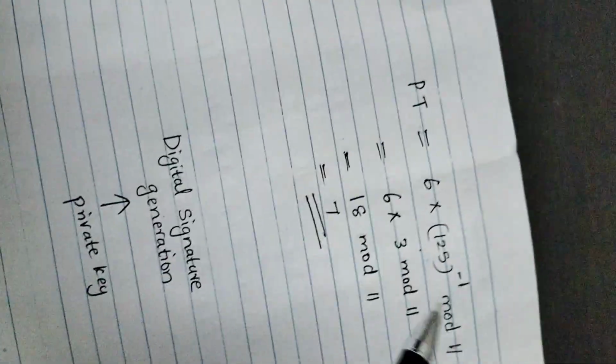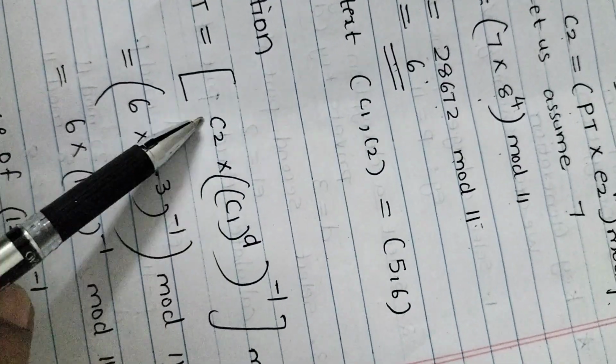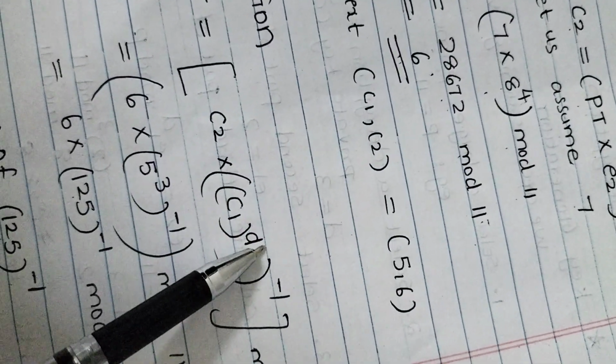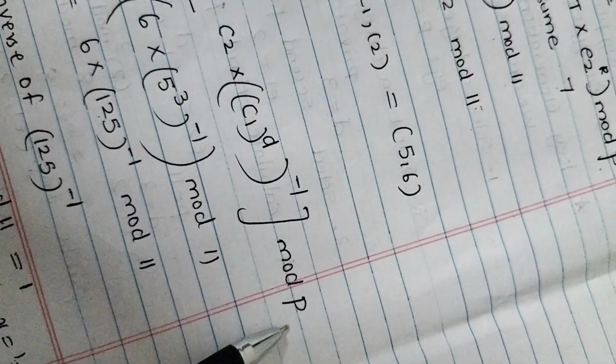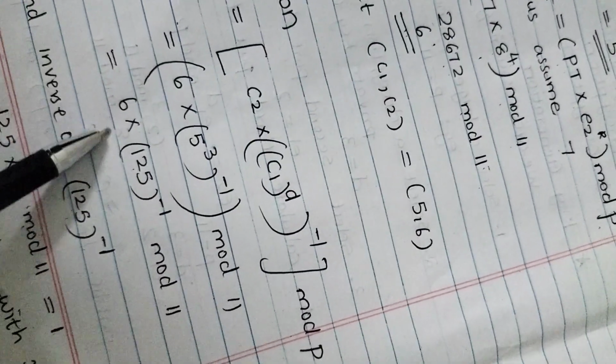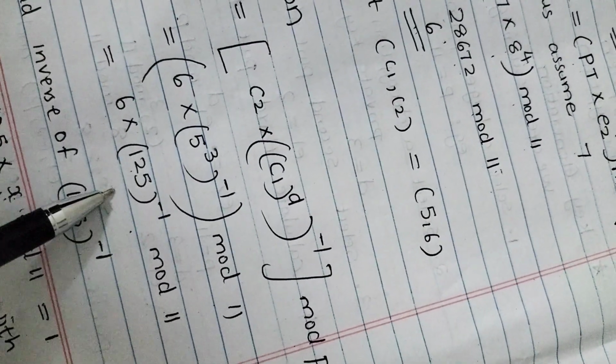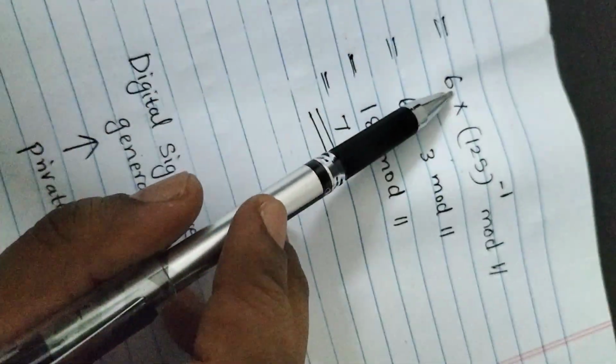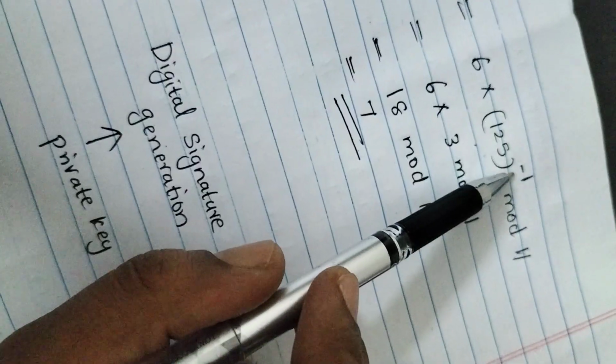Next we apply the same formula, C2 into C1 power d raised to minus 1 mod P. We stopped here, and from this point I am coming back. 6 into 125 raised to minus 1 mod 11.